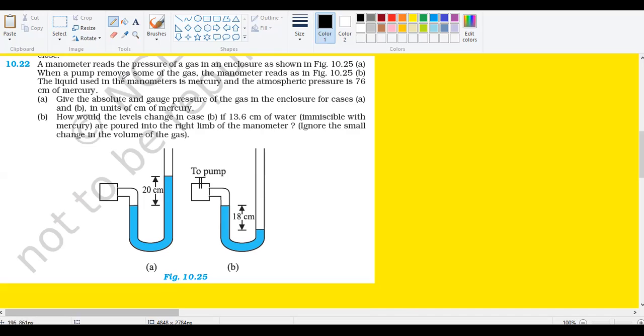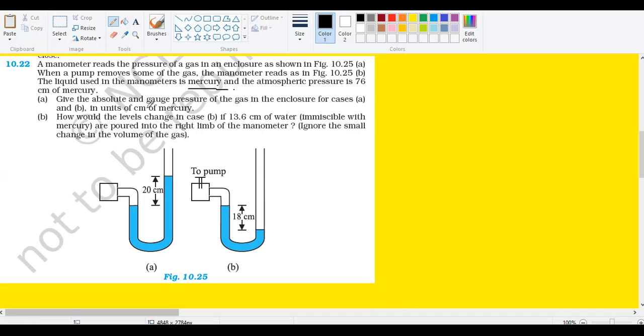Is it mercury? Okay, when a pump removes some of the gas, the manometer reads as in 10.25B. The liquid used in the manometer is mercury. The atmospheric pressure is 76 centimeter of mercury. Give the absolute and gauge pressure of the gas in the enclosure.